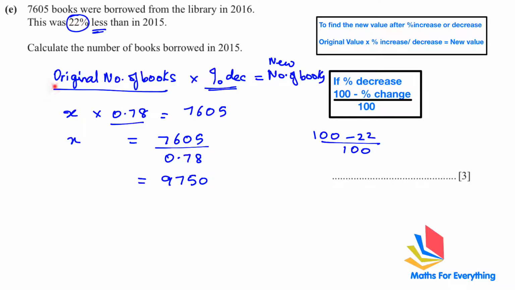Remember always this easy formula: the starting value, the original value or number of books or population or whatever they give us, multiply by the percentage decrease or increase. If it is a decrease, from 100 you minus that and divide by 100. If it is an increase, you add 100 to it and divide by 100. That will give you the new value. Okay?